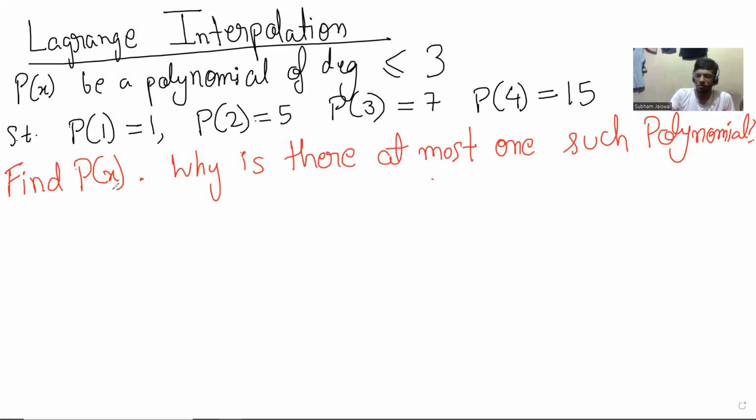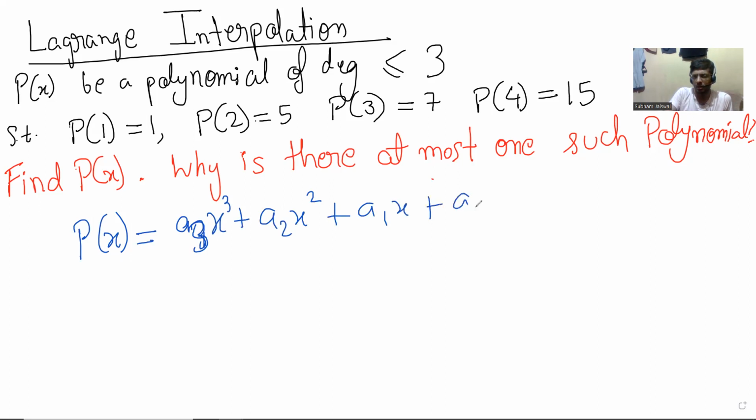Okay. So one way is that P(x) is a 3-degree polynomial, so it will have at most 4 coefficients. At most 3 degrees, so at most 4 coefficients. So this would be a 3, right? And then there is this. And now, if you are going to use these equations, then there are 4 things which you have to find out, right?